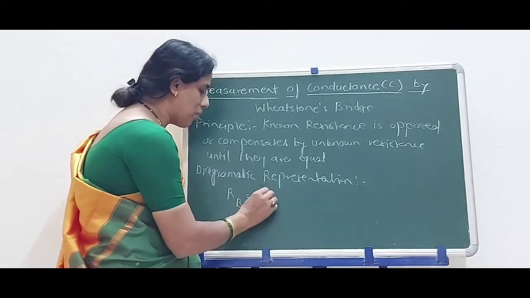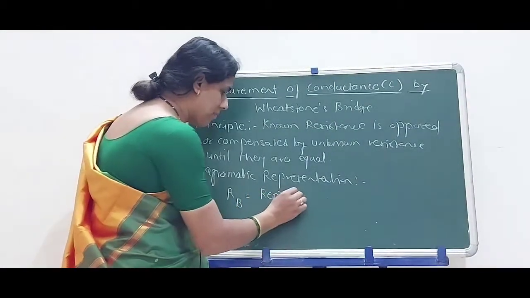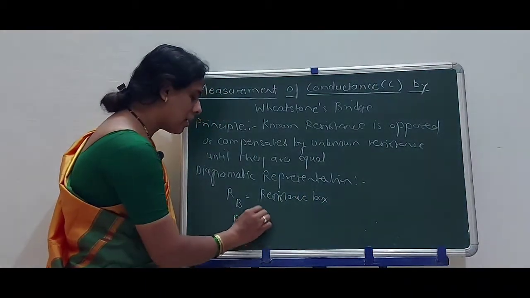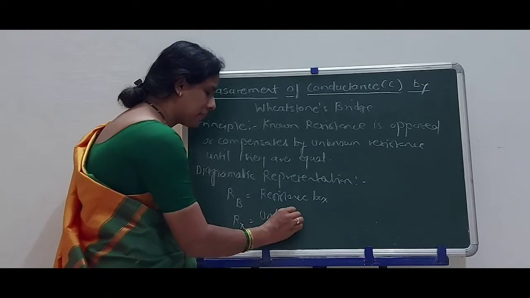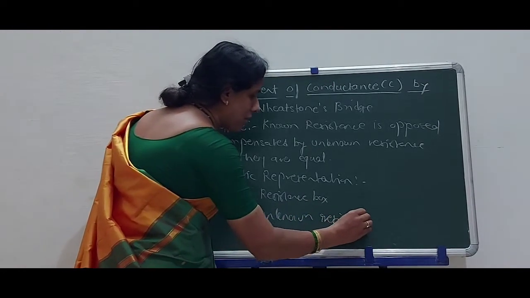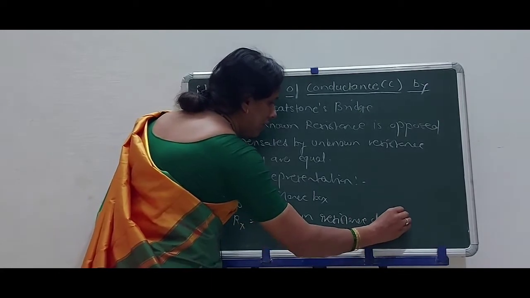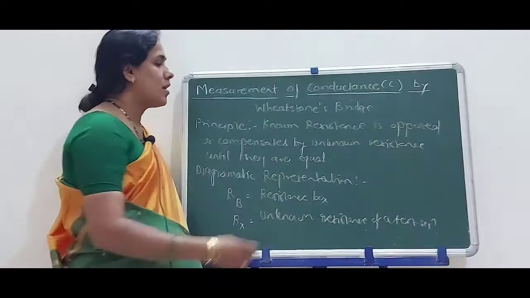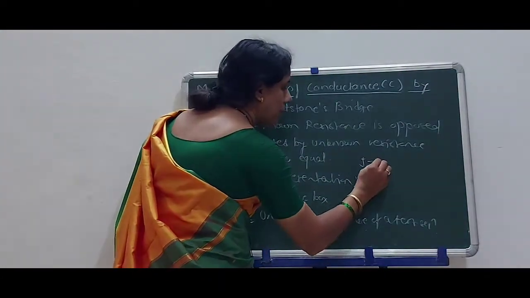RB means resistance box. Suppose Rx is the unknown resistance of a test solution. J is the sliding contact.